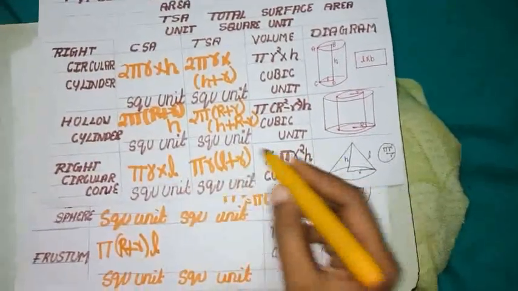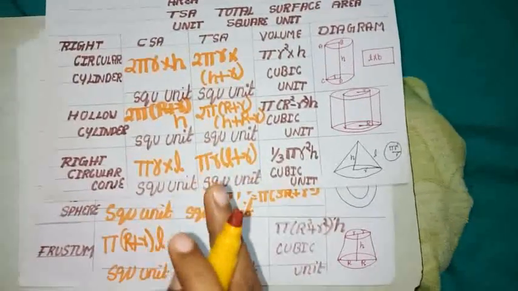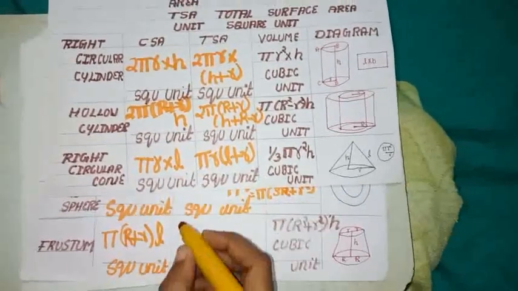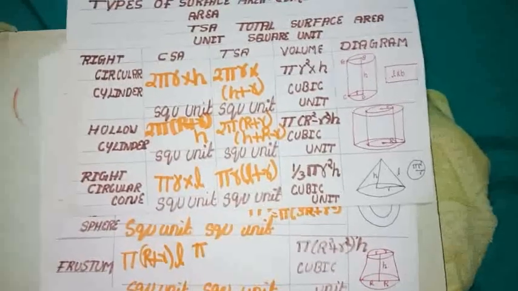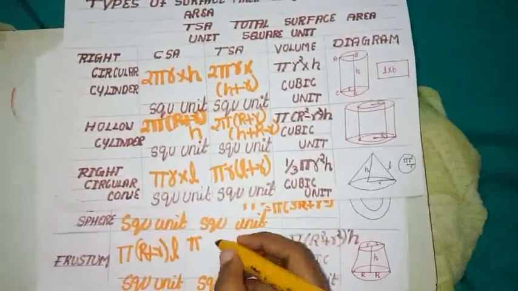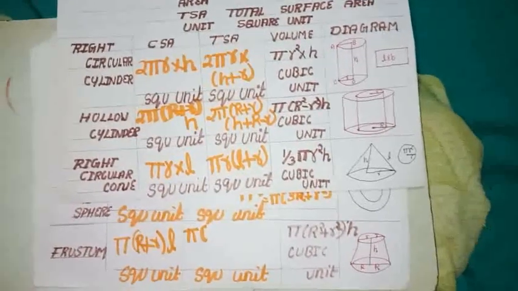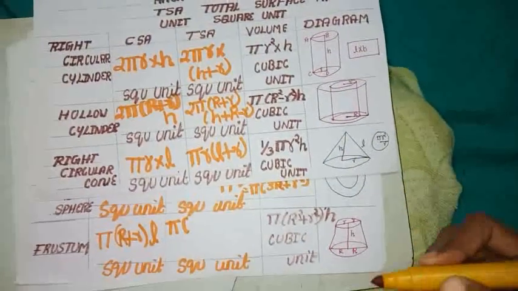So this formula is the same, ditto, from the earlier formula, but how could you do it? Replace the radius value. There is one step. Already I told you in the starting session itself, you should do total surface area with some procedure: outer surface area, inner surface area, top side, bottom side.